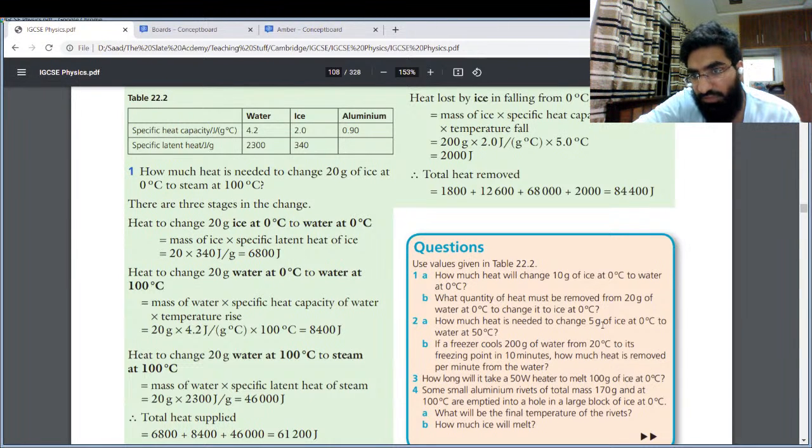So first I'll have to apply the formula Q is equal to m into L to get the energy needed to just change the state of matter. Then I would need the energy needed to raise the temperature from 0 to 50. And then the two energies would be added, and that would be the total energy needed.